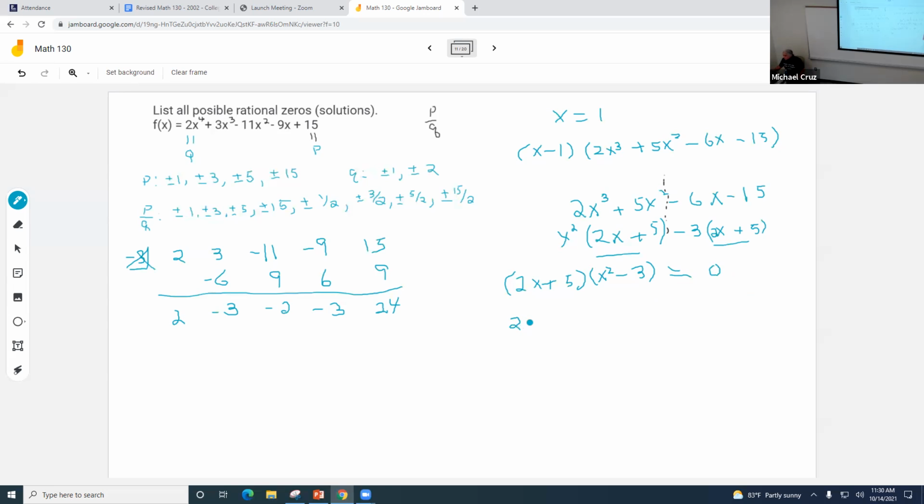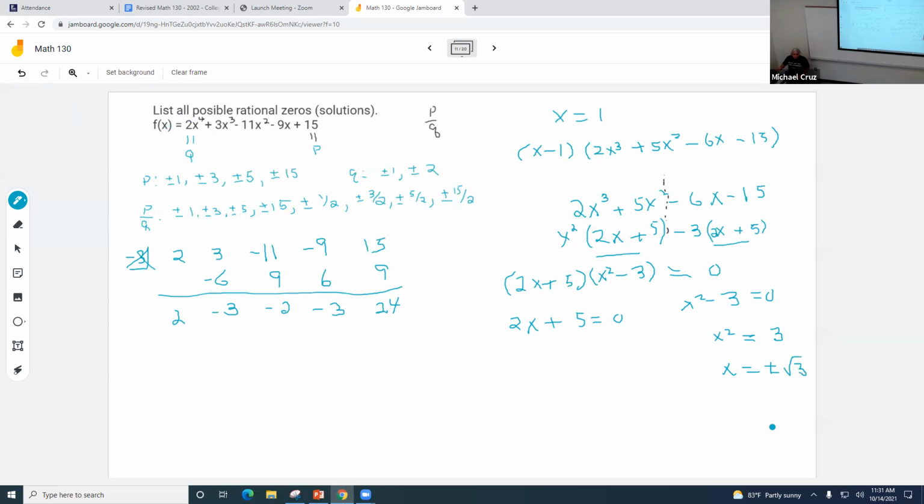Now, there's only going to be one rational one when we do this other one. And what rational just means: when we take the square root of it, that means x is equal to plus or minus the square root of 3.